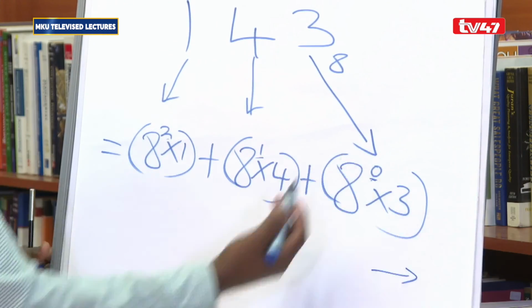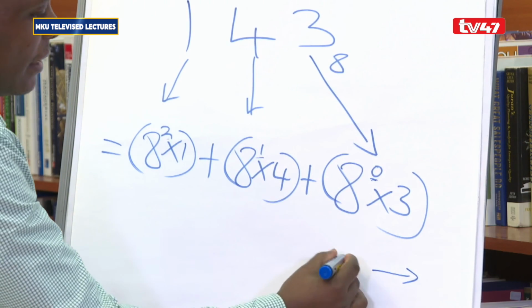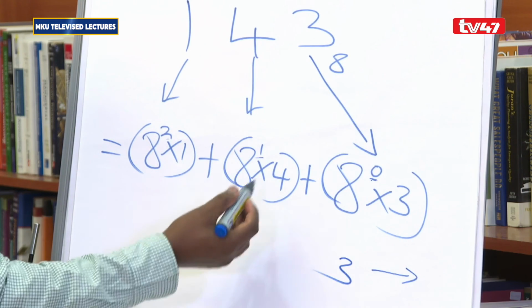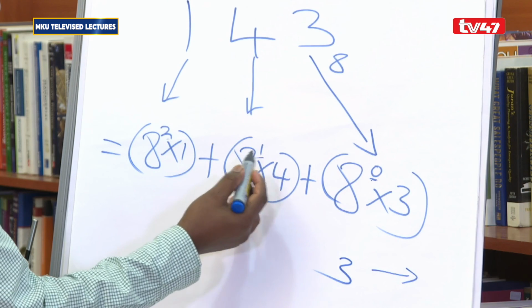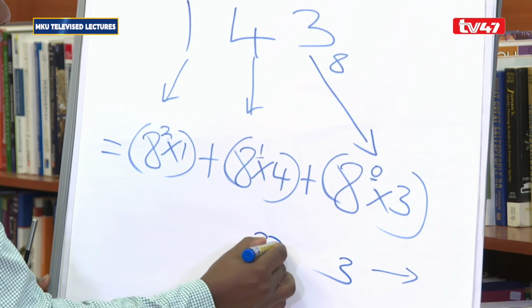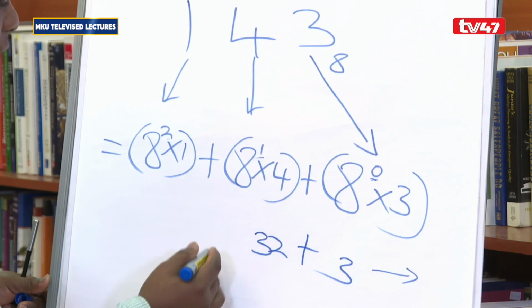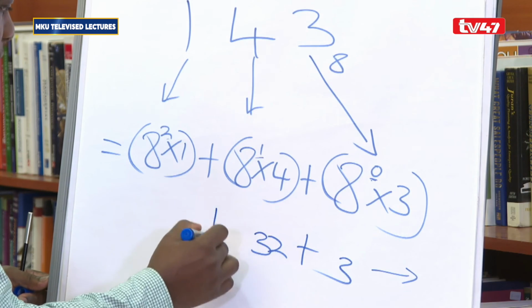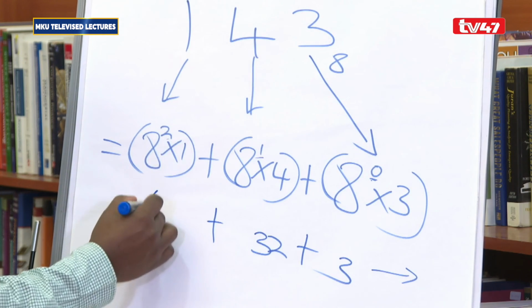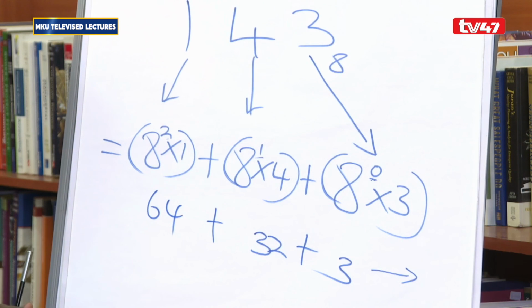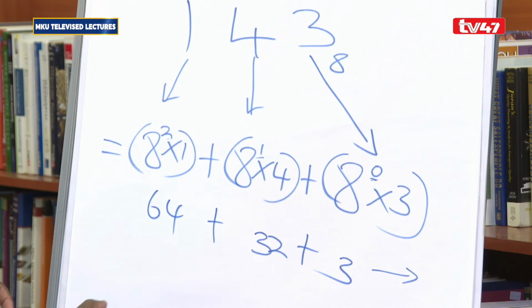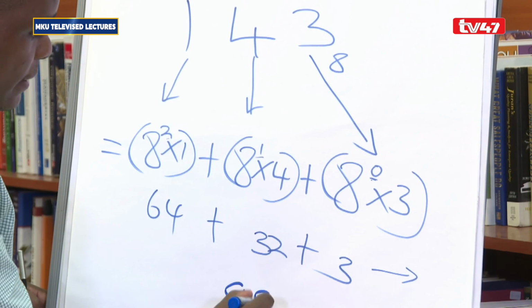together. So 8 to the power 0 is equal to 1, times 3, which is 3. 8 to the power 1 is 8, times 4, which is 32. Then 8 squared is 64. 64 plus 32 is 96, plus 3, 99 base 10.